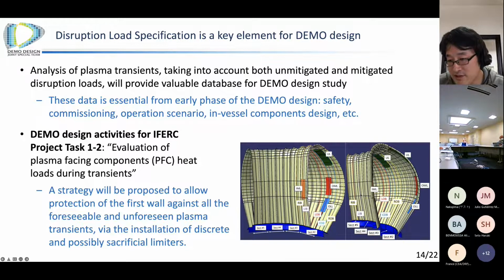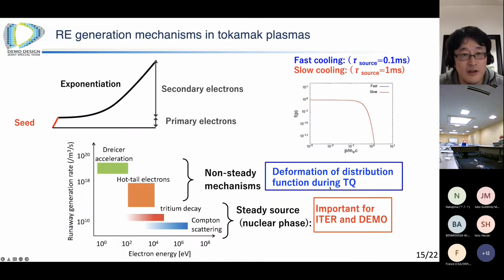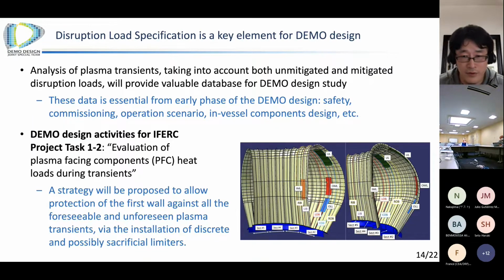The right figure shows an example in the EU DEMO design, where you can see some design of the limiter. For this evaluation, we started the project to evaluate the runaway electron load using this IFERC CSC project.